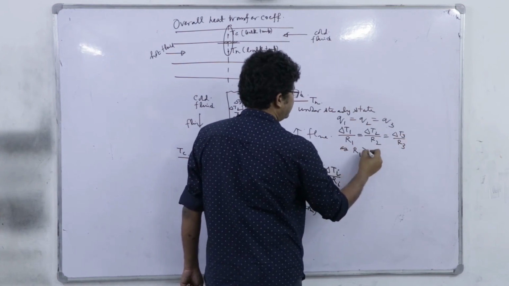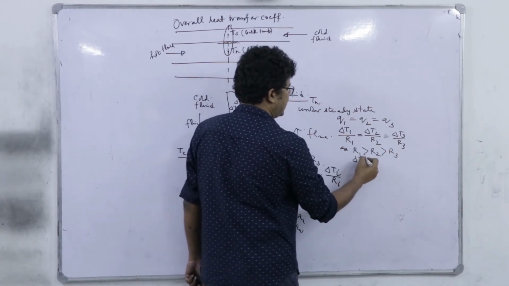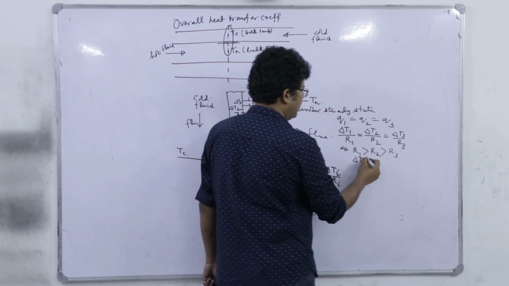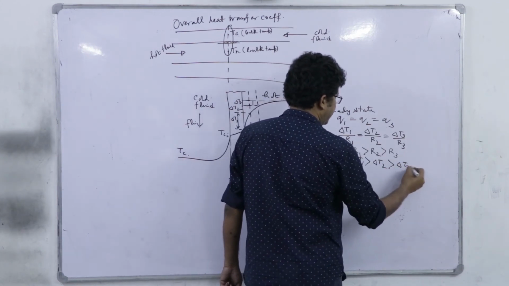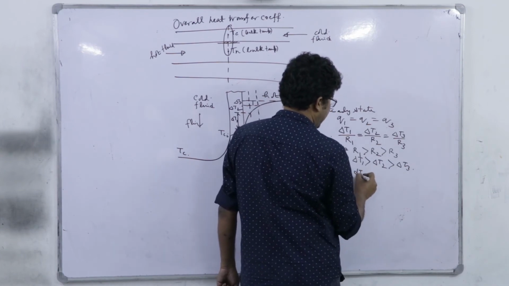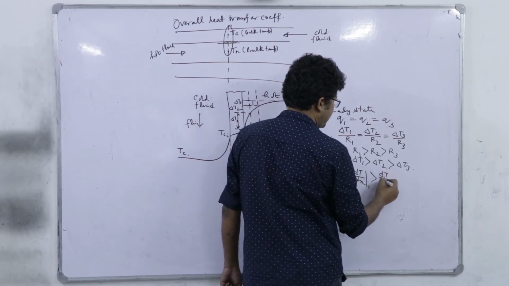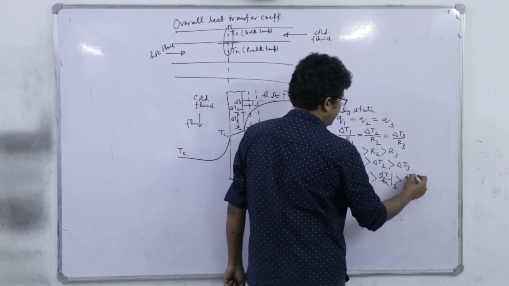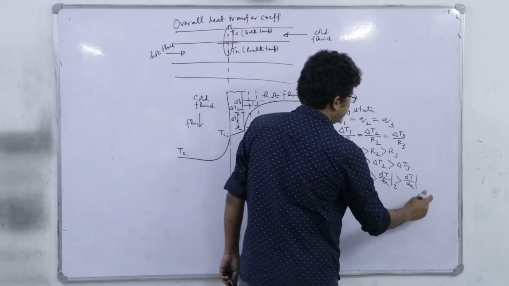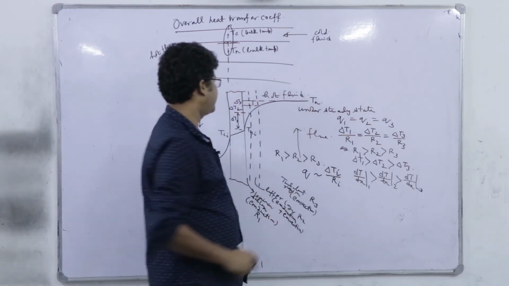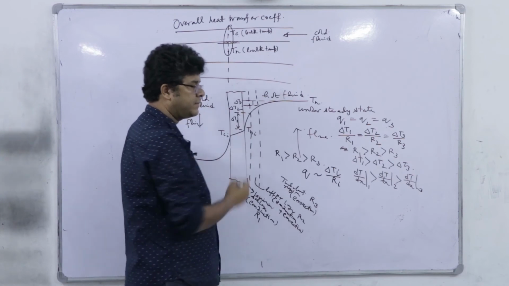As R1 is greater than R2, which is greater than R3, delta T1, the drop of temperature close to the wall, will be maximum compared to the second in the buffer and compared to that of third, which means the gradient, if I write it in terms of gradient, close to wall will be the highest, and as we are moving away from the wall, it will drop down to 0 like here, right? And that is why this temperature profile is not like this.